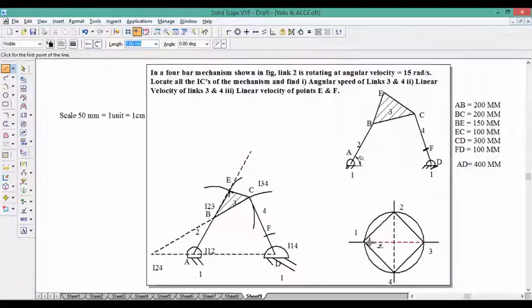Then I14 and I34, this line must be extended further, and then draw a line parallel to this line.